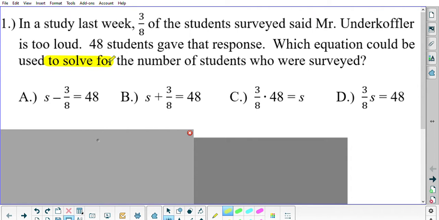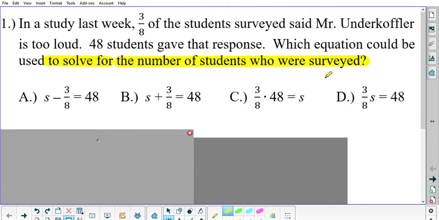It's going to tell us what we're going to be solving for, the number of students who were surveyed. So that's what the S represents. It represents the number of students who were surveyed. That does not mean the 48 students who said Mr. Underkoffler was too loud. That means the total number of students who were surveyed.